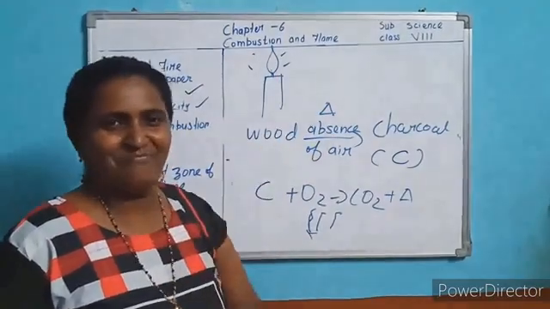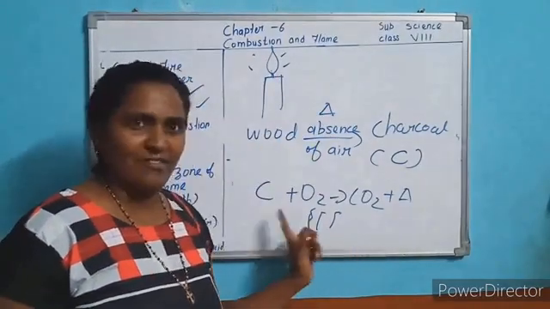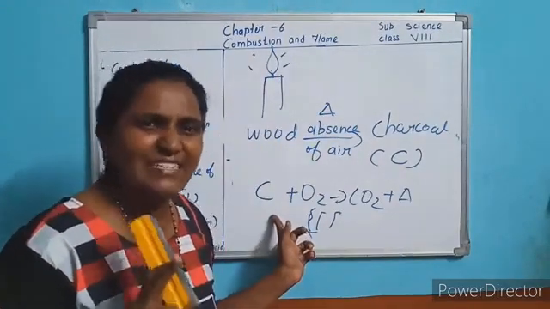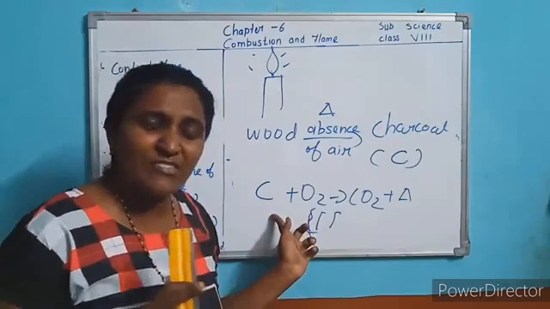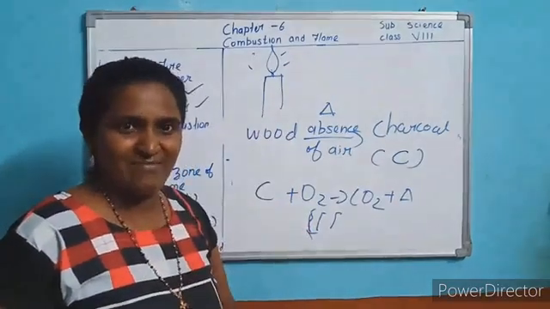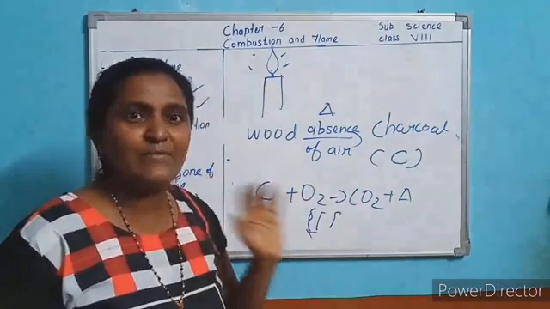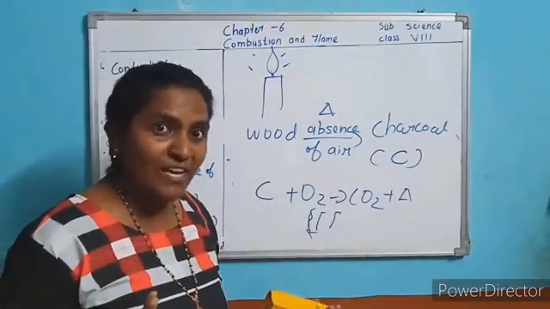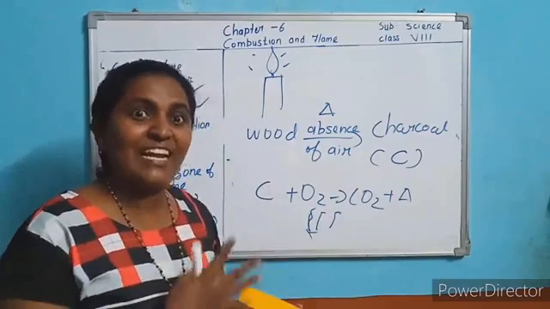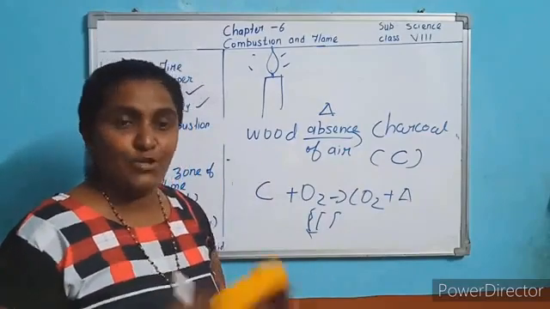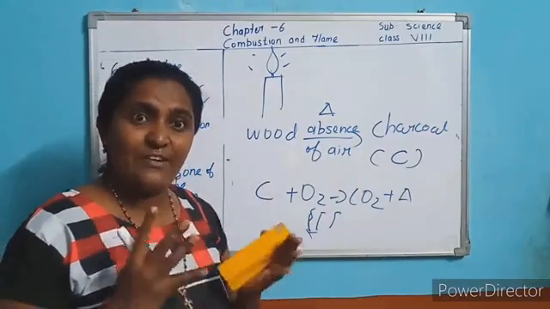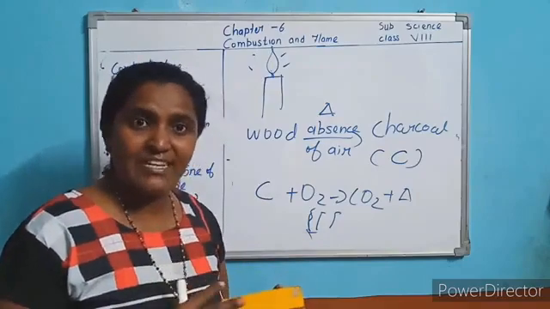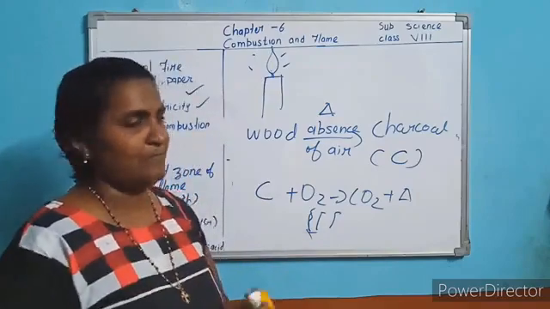Charcoal doesn't have a substance which undergoes vaporization. Volatile substance is absent, so they don't produce flame. So who produces flame? The fuel which has volatile substance.